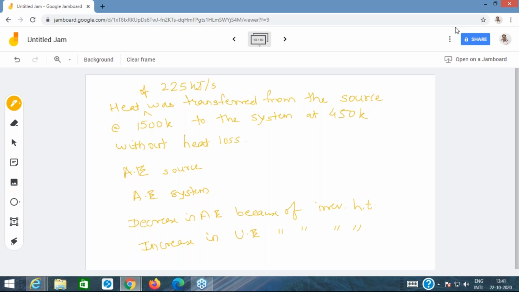So solve this. Assume the dead state temperature to be 300 Kelvin. The surroundings is at 300 Kelvin. Solve.